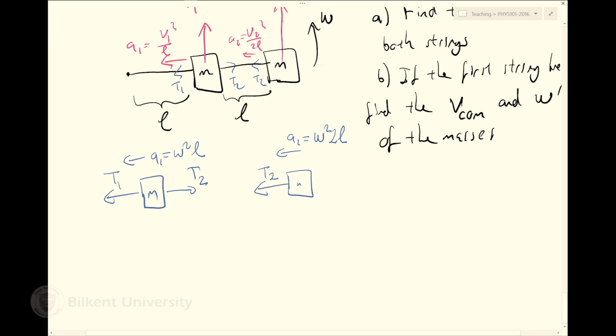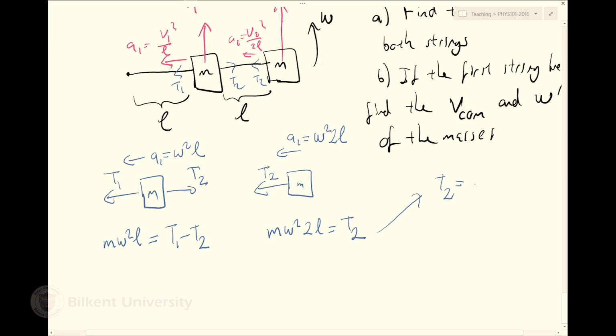So Newton's equation for the second mass is m times omega squared times 2L is T2. For the first mass, m omega squared L is T1 minus T2. I was asked to find T2.